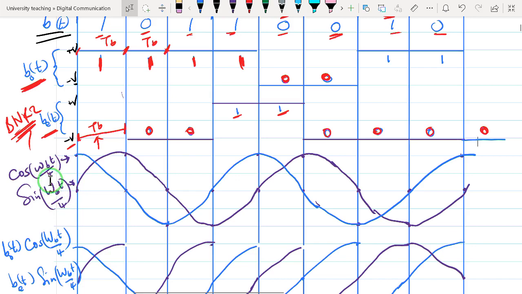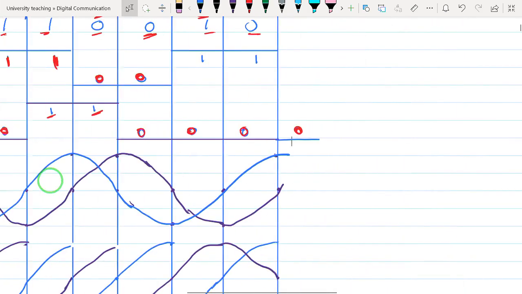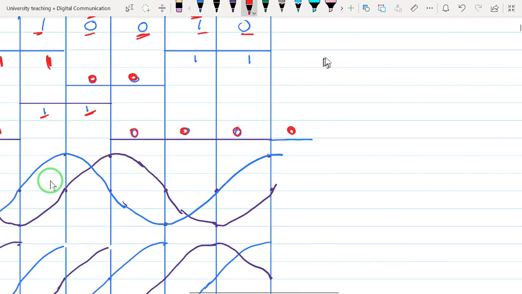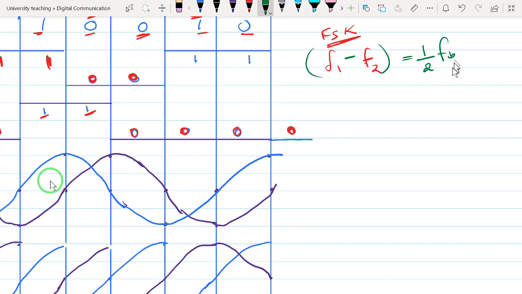We'll see why 4, and the actual reason is the end result of the frequency difference between F1 and F2. Remember that this is FSK, therefore we are shifting the frequency. The difference between these two frequencies that we are using to transmit our binary data is going to be equal to a half FB.